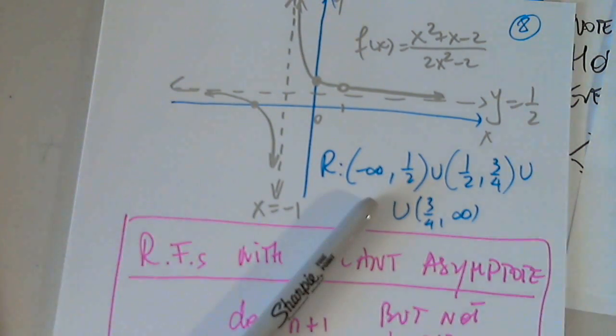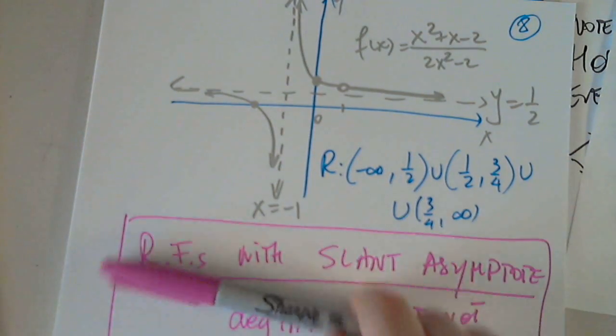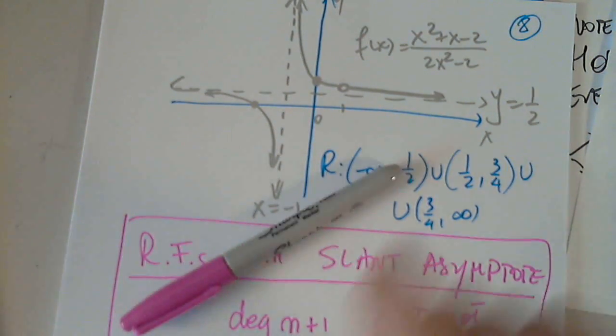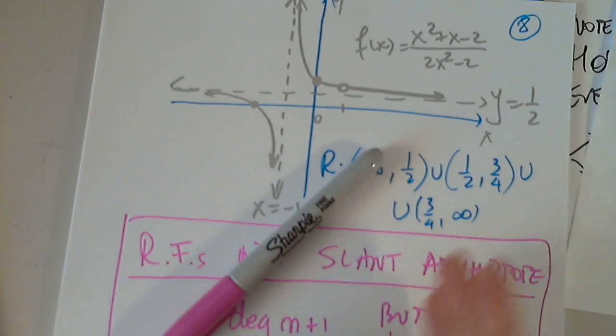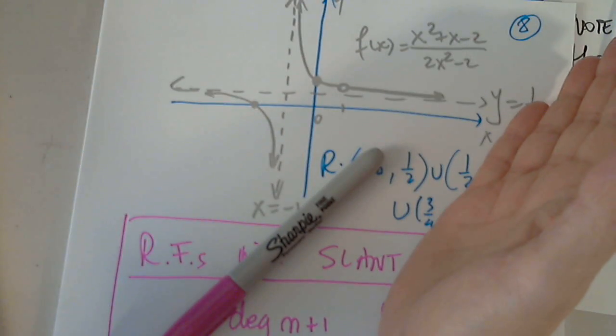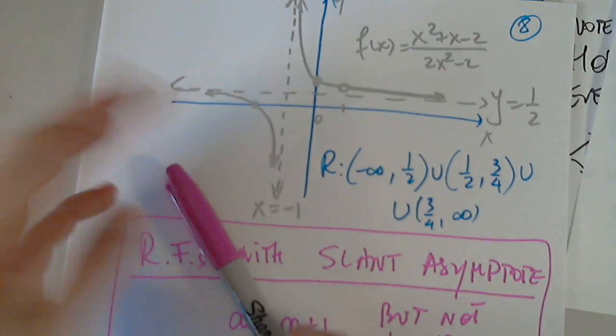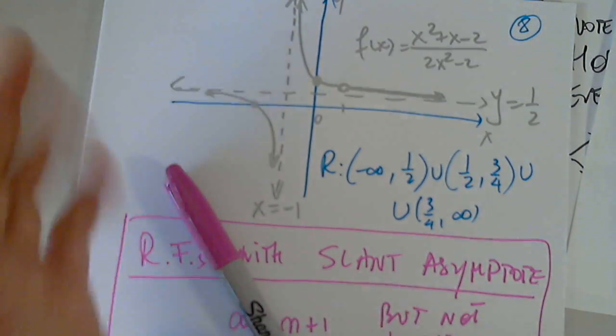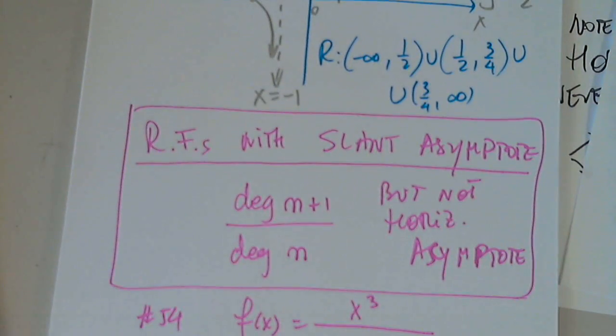That's the only difference. It's not horizontal, it's oblique, either this way or this way, which makes the function approaching infinities now, not a number. Everything else is the same.